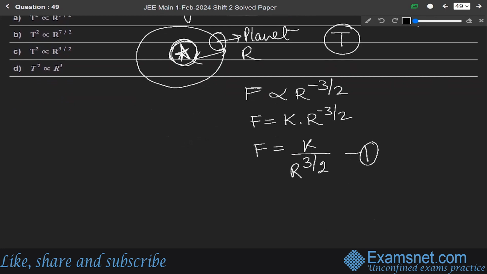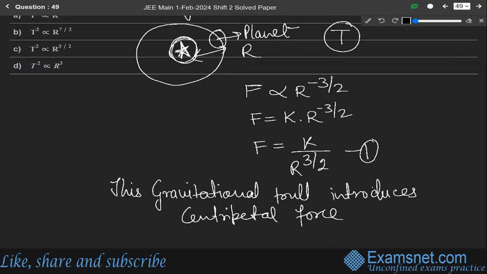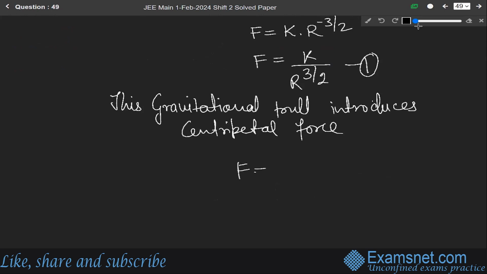And also when this planet revolves around the star, it will also experience a gravitational force. This gravitational pull introduces centripetal force here, and centripetal force F will be equal to m omega square r.